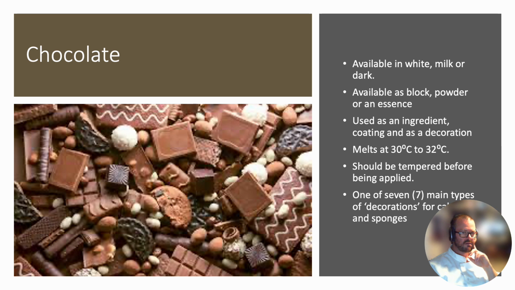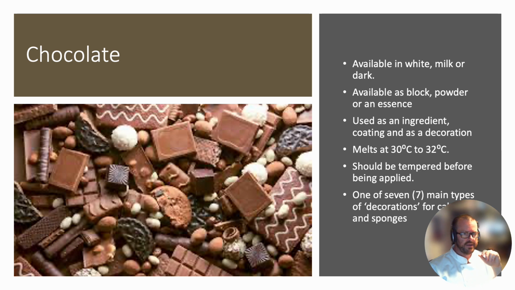When we talk about chocolate, we're moving on now to question 12. Chocolate comes in white, milk, or dark, typically the three main types that we see. Ruby's a new one that's come along.